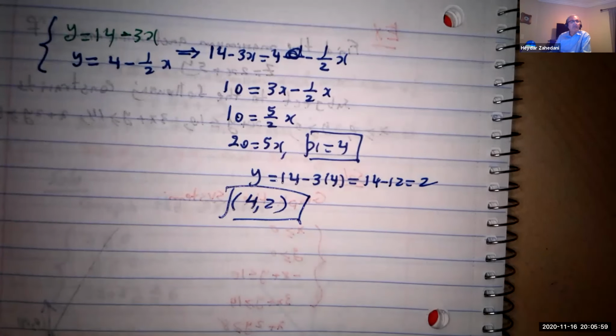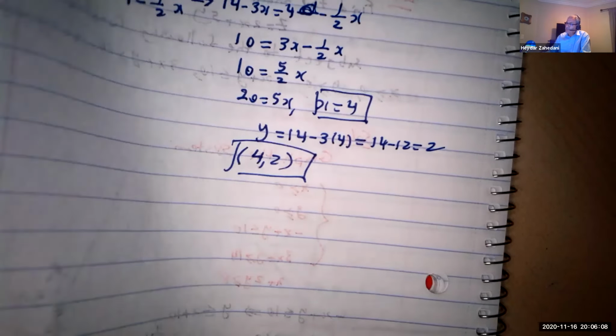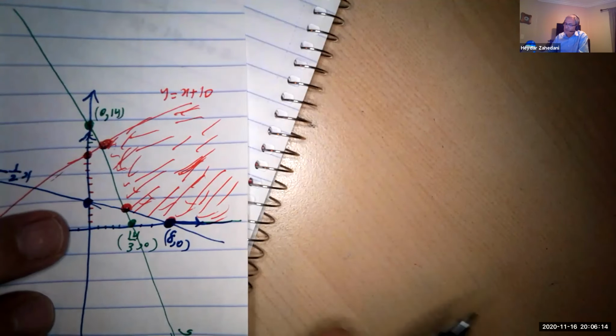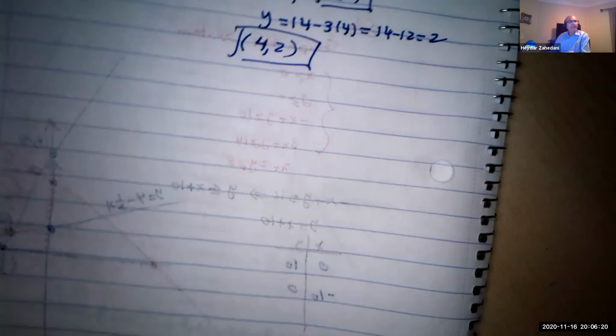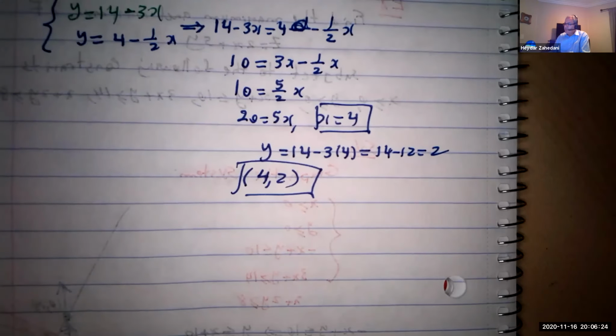This is going to be one of the vertices, or the corner points. So we identify this corner point as 4 and 2. So we have to find another one.